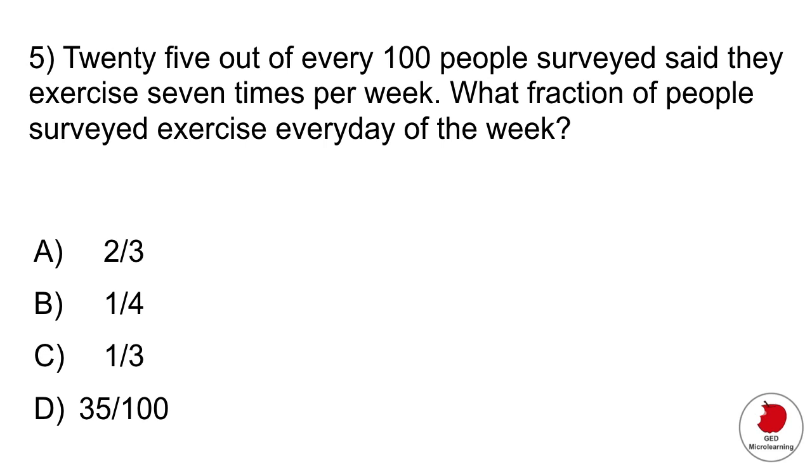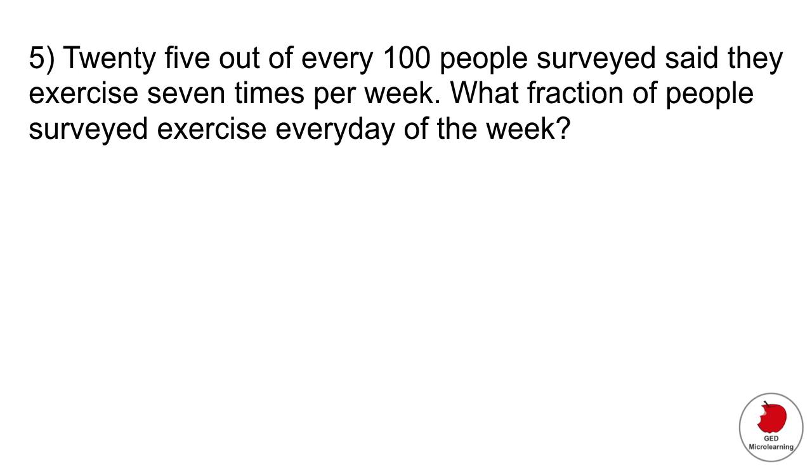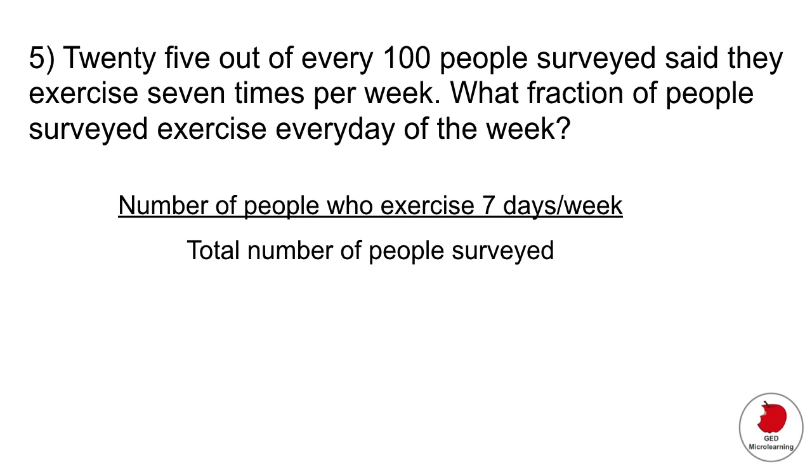"25 out of every 100 people surveyed said they exercise 7 times per week. What fraction of people surveyed exercise every day of the week?" All right, so here all you have to do is set up your equation like that.